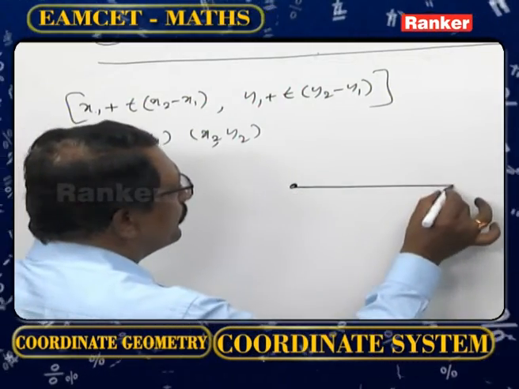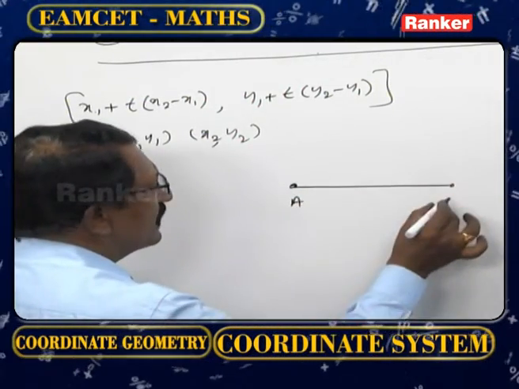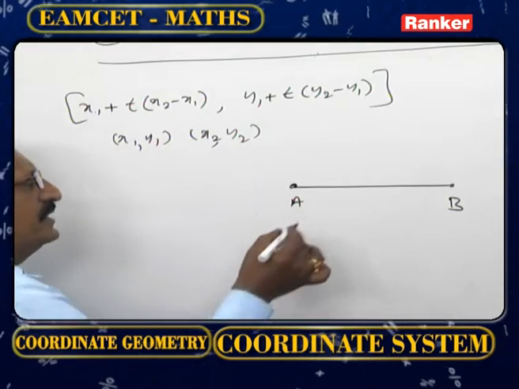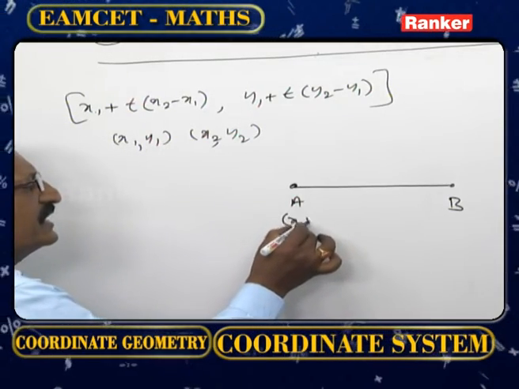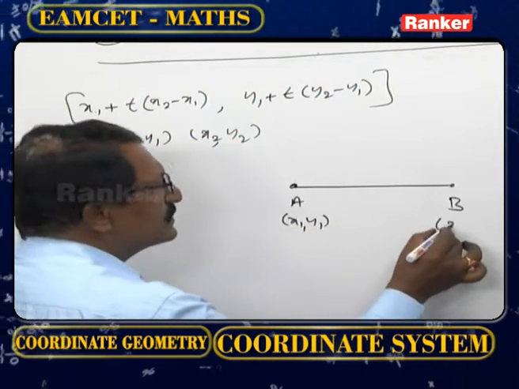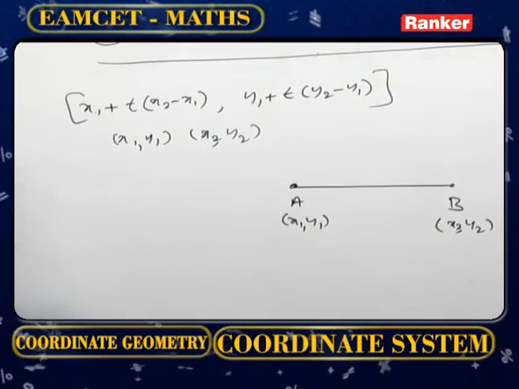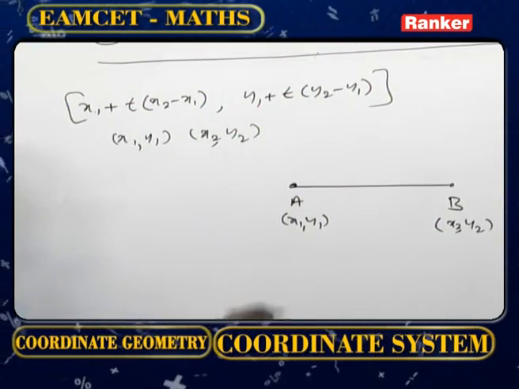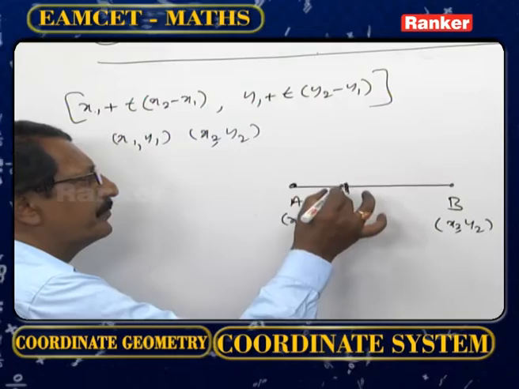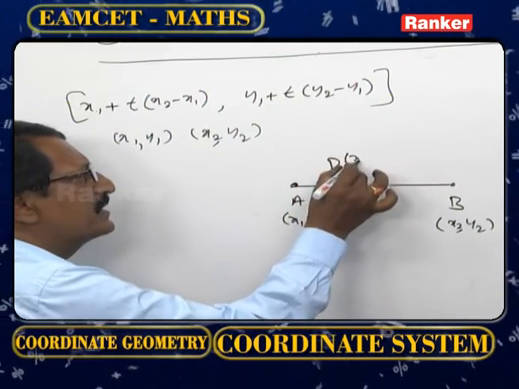Suppose AB is a line segment, and consider A(x1, y1) and B(x2, y2) are two points. Suppose there is a point P, consider P(x, y).